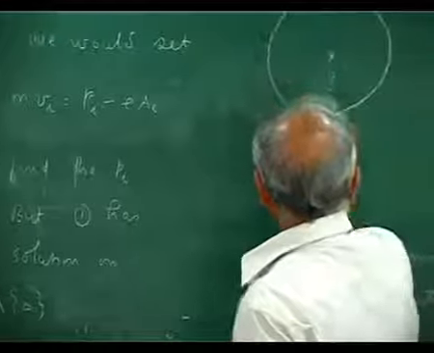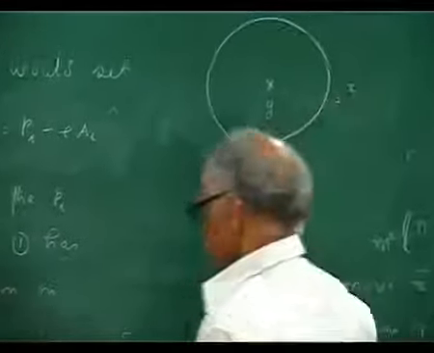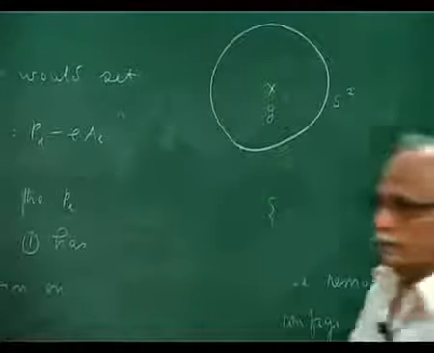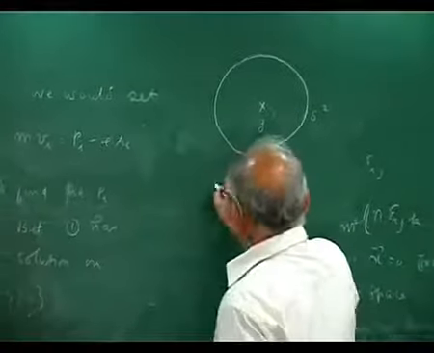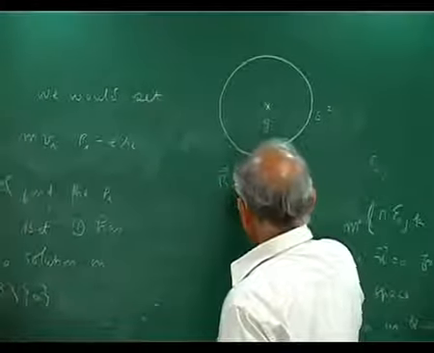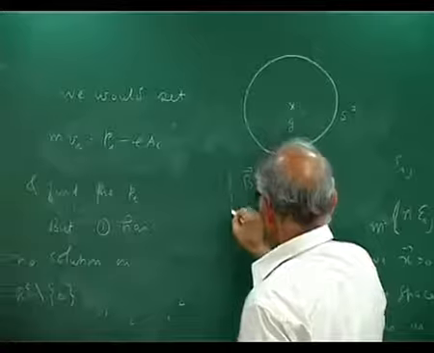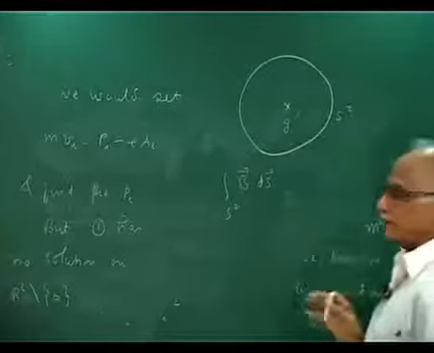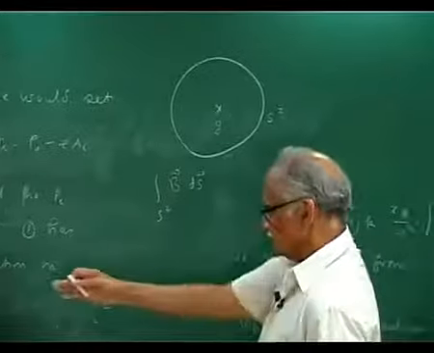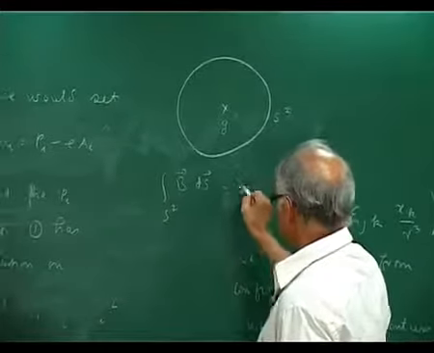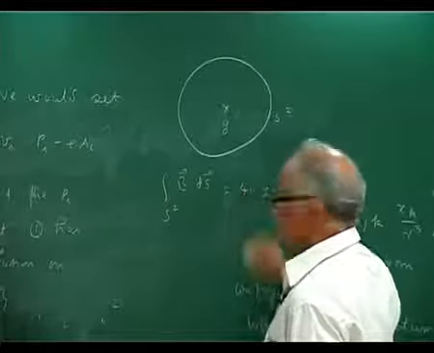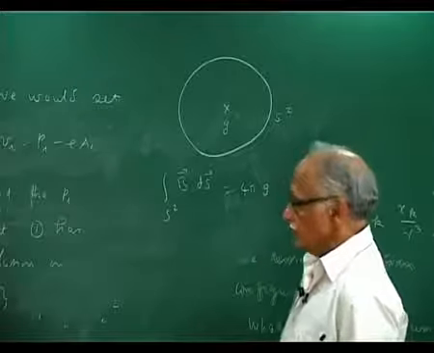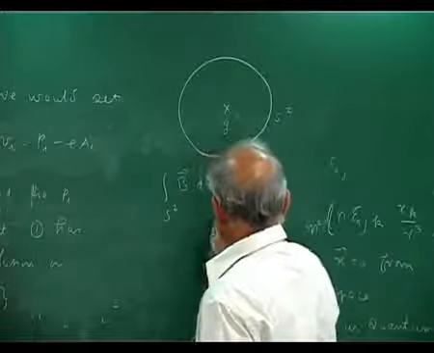You integrate B dot dS on S2, right? I am not doing anything. So this is from this equation, G up to 4 pi. Maybe there is no 4 pi, I don't care about that. But on the other side, what will we get?